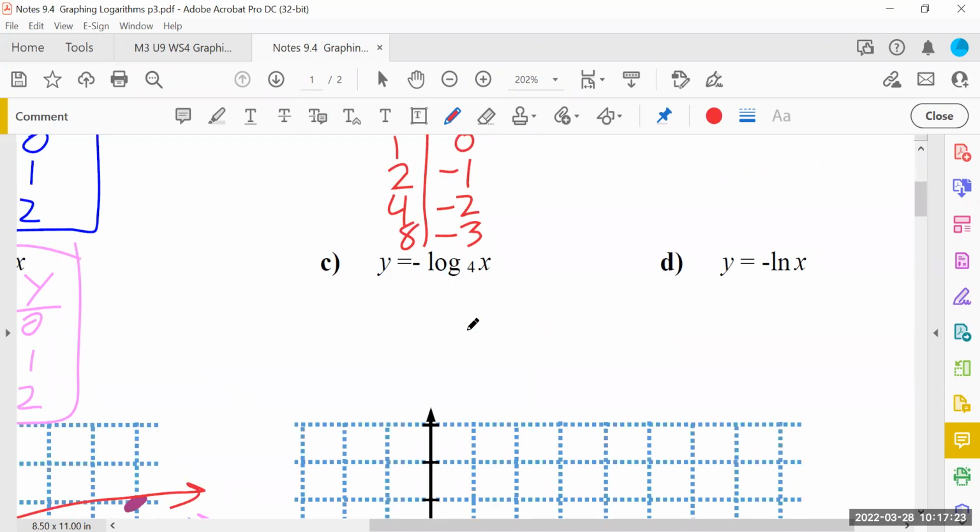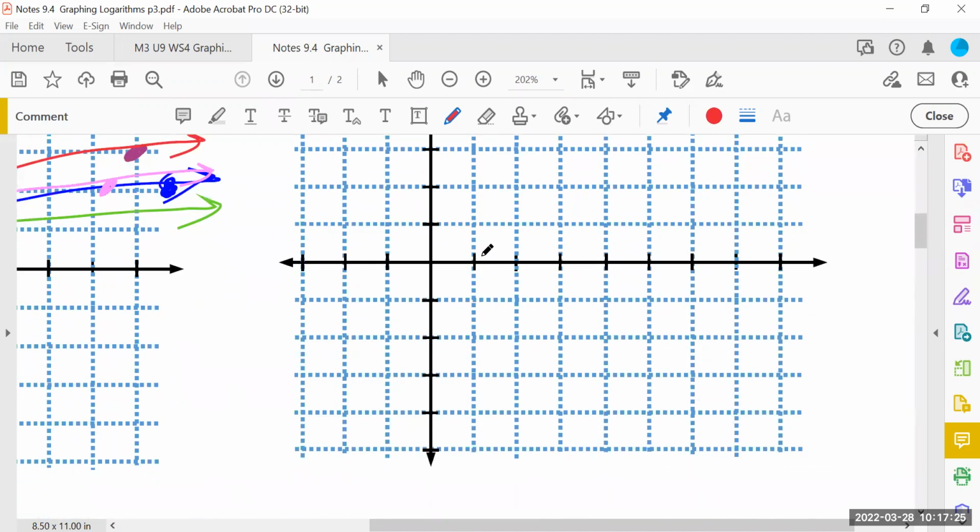So when I come down here and I graph that, 1, 0, 2, -1, 4, -2, 8, -3. Does that make sense to everybody? My asymptote, if I take a vertical line and flip it upside down, does it change?